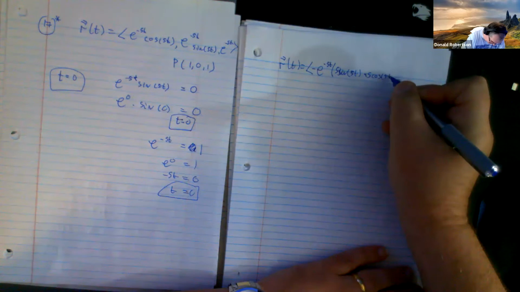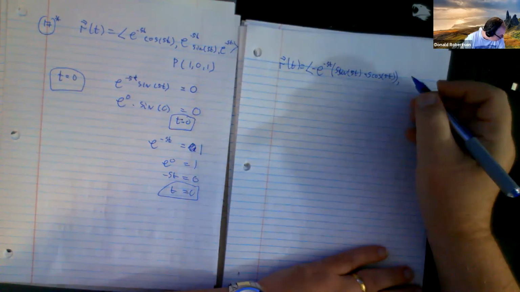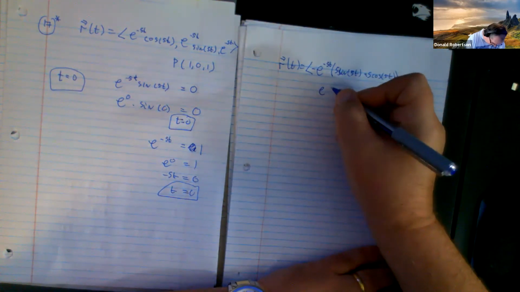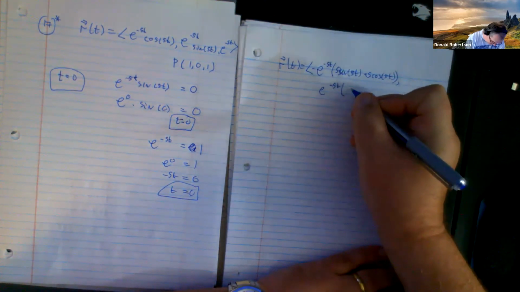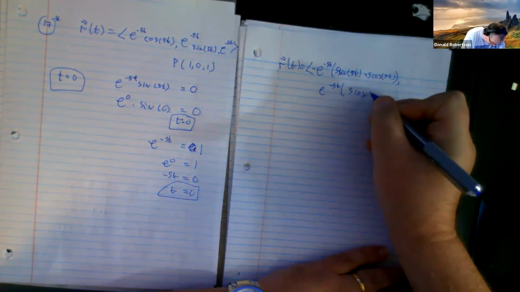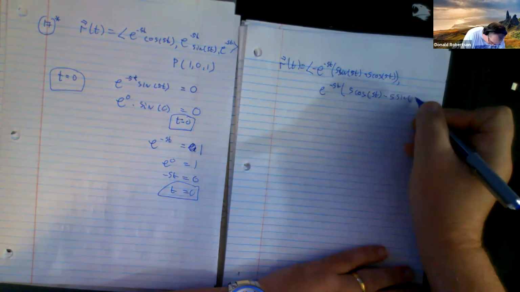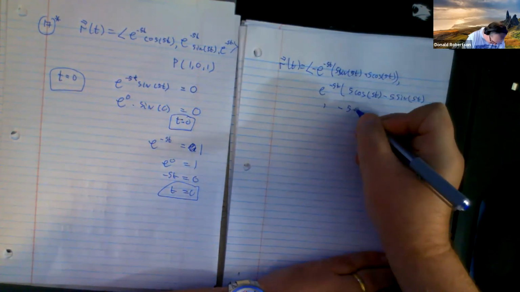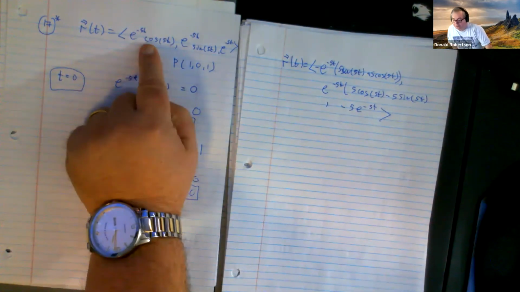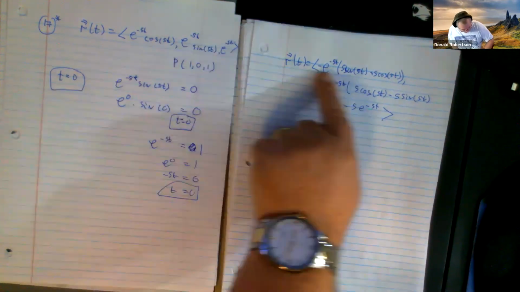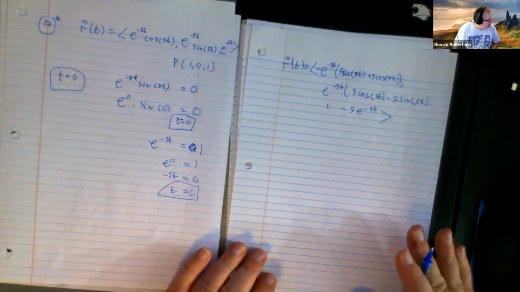And that's just for the first guy. If you do the middle one, you'll get e to the negative 5t, 5 cosine 5t, take away 5 sine 5t. And if you do the last one, it's the only one that's actually any good, is that one. Can you just trust me that you're going to have a product rule with some chain rules going on, and this is the mess you got. Otherwise, we'd be spending 20 minutes just doing that.